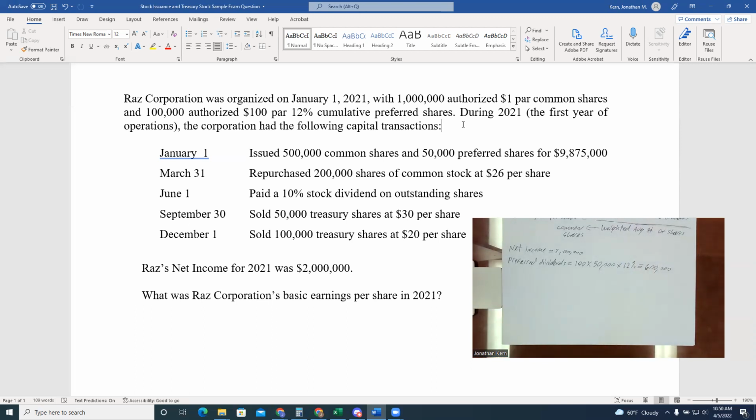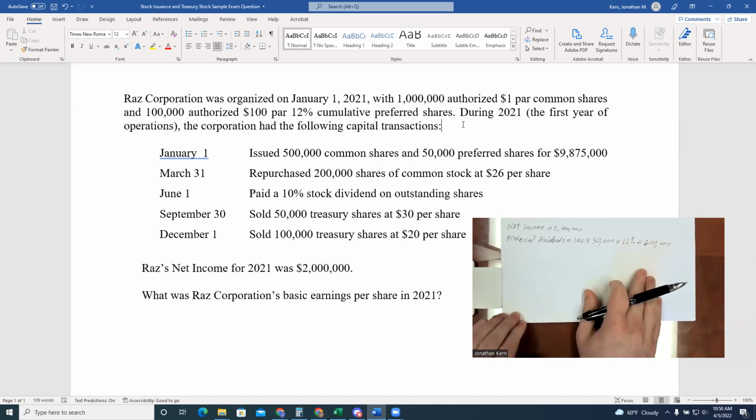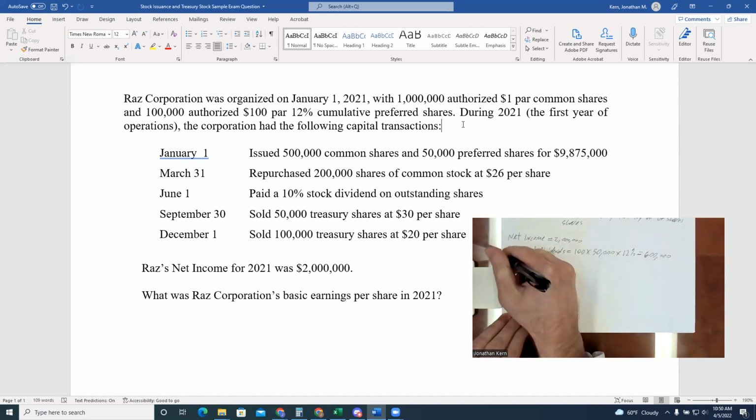So now the final step is we have to calculate the weighted average number of shares. Like I said, I'm going to work this using two different methods: the time-weighted number of shares and the time-weighted changes to the number of shares. And using either approach, you will get the same answer. So to do this, we're going to make a table.